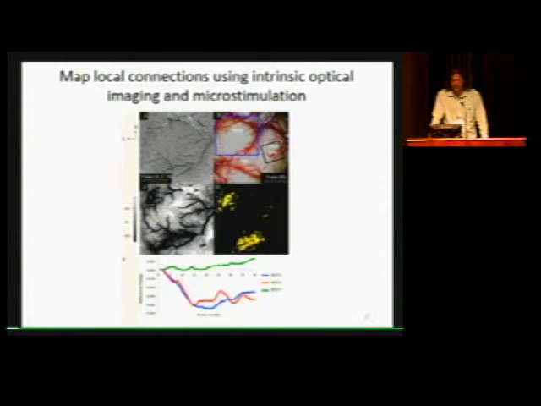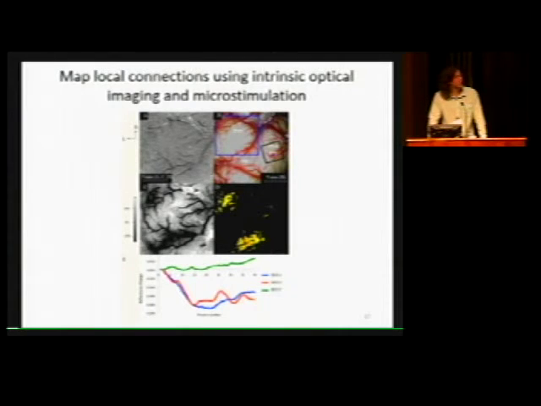So then we proceeded to map local connections using intrinsic optical imaging and microstimulation. And essentially what we do is we use red light. We shine it on the brain, and we collect images which correlate with local blood flow.